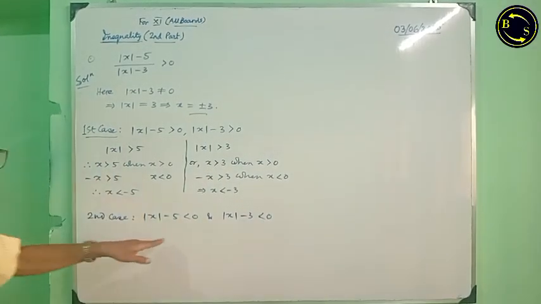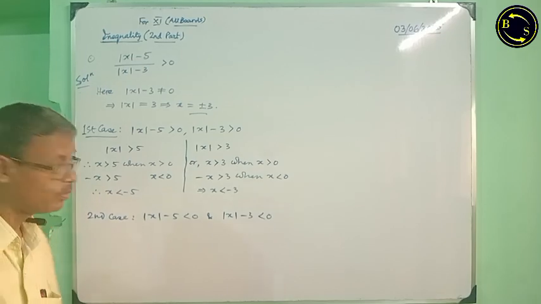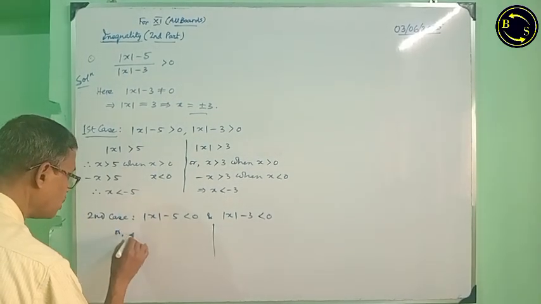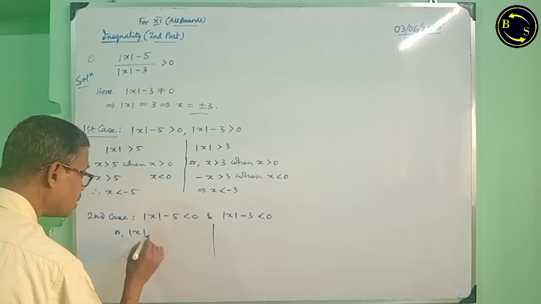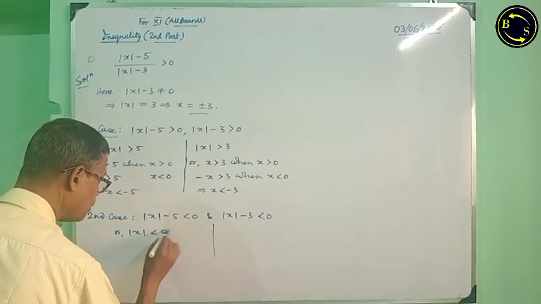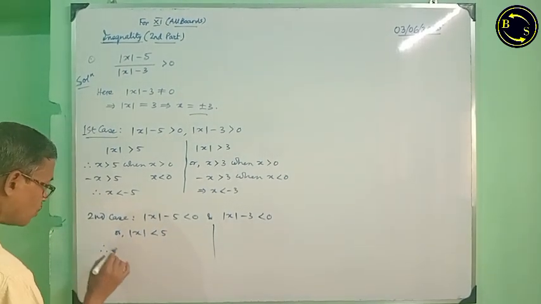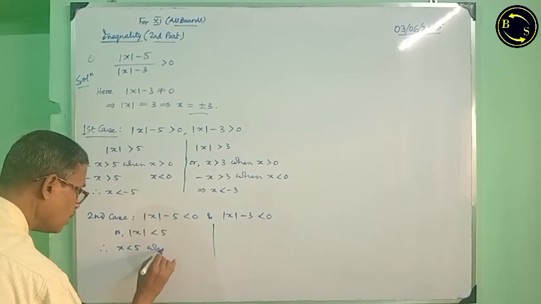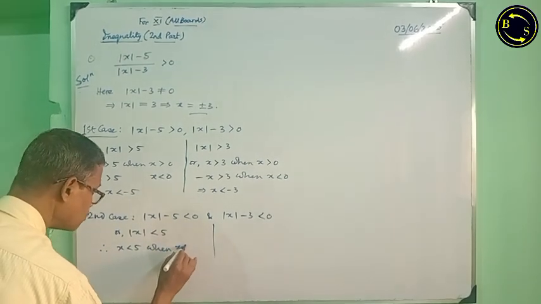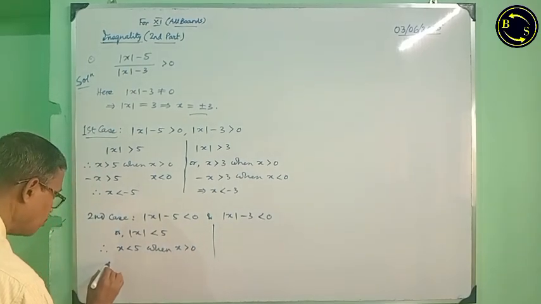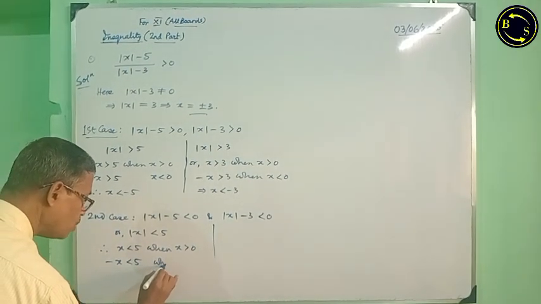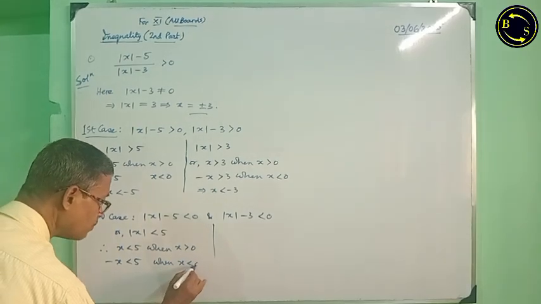Fraction positive, therefore both numerator and denominator will be negative. Now from this, what we get? Mod x less than 5, therefore x less than 5 when x positive, minus x less than 5 when x negative.